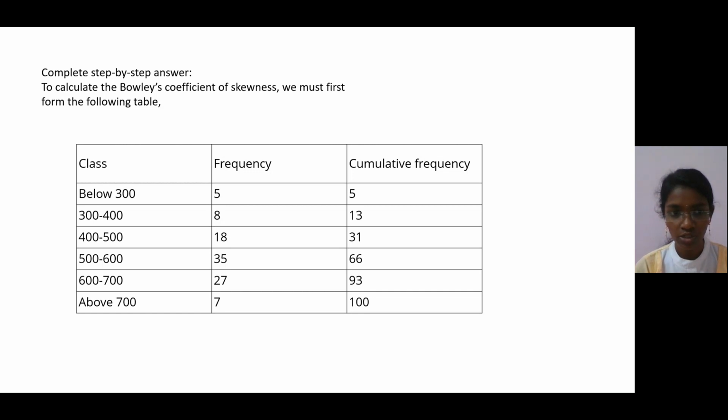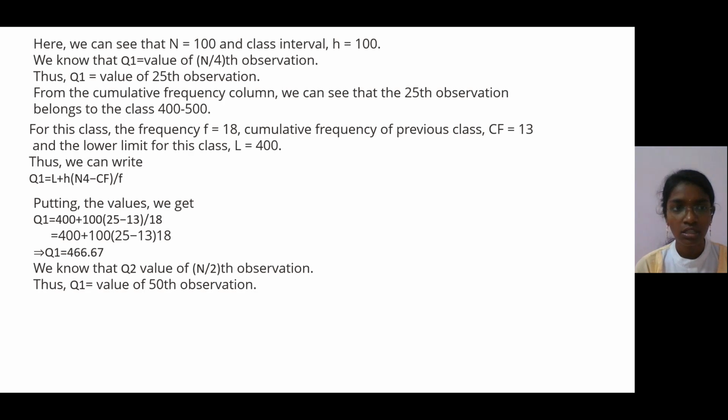These are the cumulative frequencies. You can calculate manually or use a calculator. Here we can see that n is equal to 100 and class interval h is equal to 100.